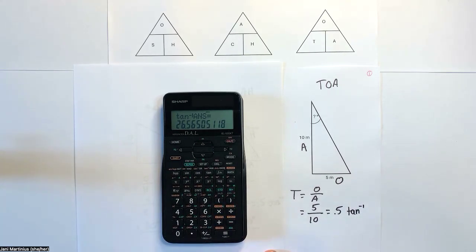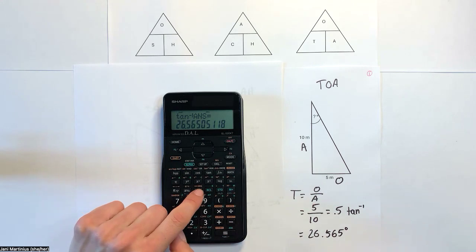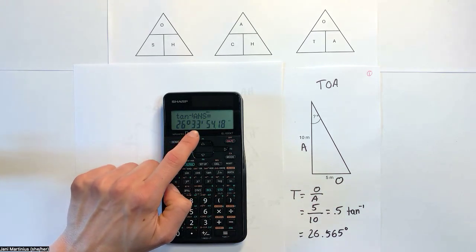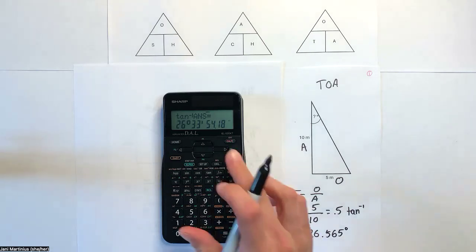Always good to write that in there so you remember what you did, especially if you come back in a later year to review and you've forgotten all about it. So 26.565 degrees. Now, if I wanted to turn this into degrees, minutes, and seconds, second function, degree button, gets us the 26 degrees, 33 minutes, and 54 seconds.